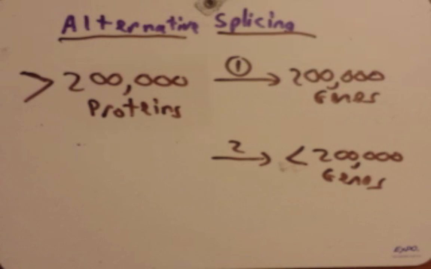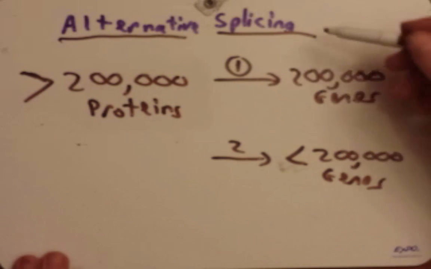That would be much more efficient. That way, throughout the course of evolution, you wouldn't have to have new genes be developed or have them evolve from pre-existing genes. You could take that same gene and somehow or another express it differently to give you different proteins.